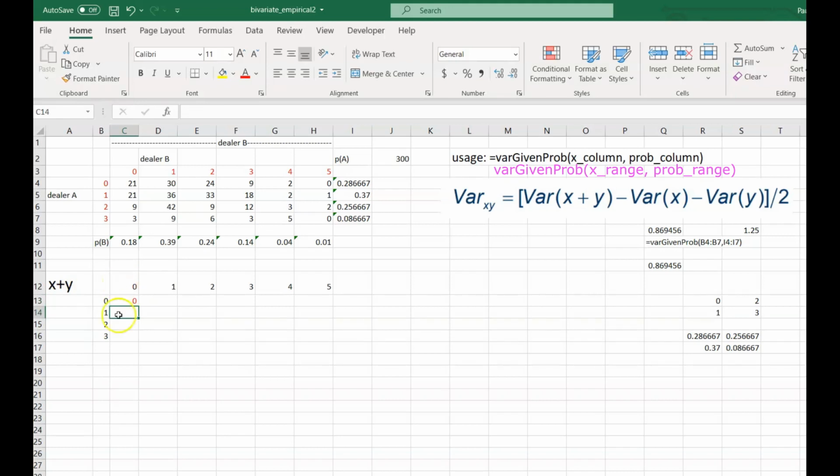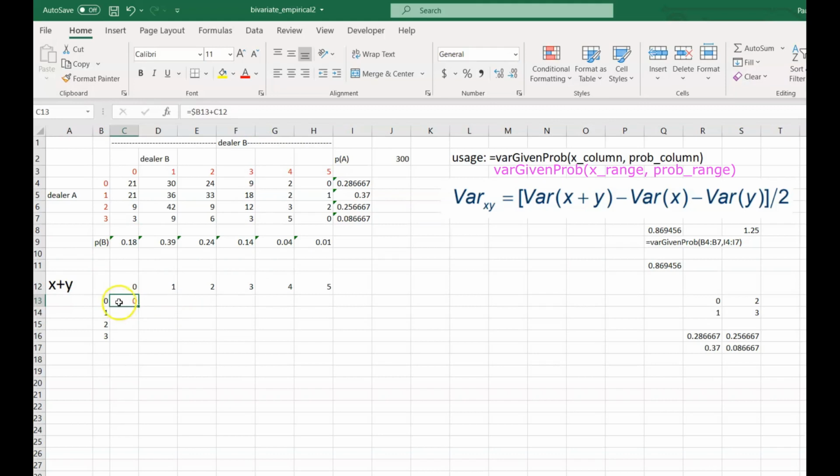So 0 plus 0. And when we want to copy to the right, we want this 0 fixed, right? So we want to fix B. You see the B? We're going to lock it. We're going to add a dollar sign. So it's not $B$13, it's $B13. I'm going to show the formula later.